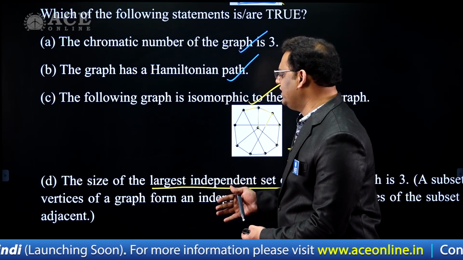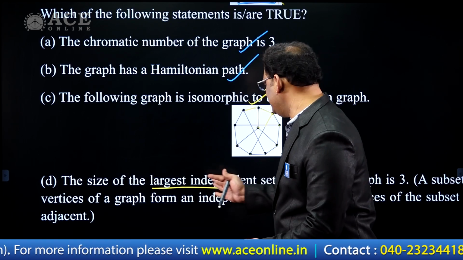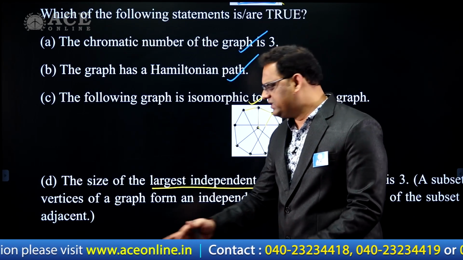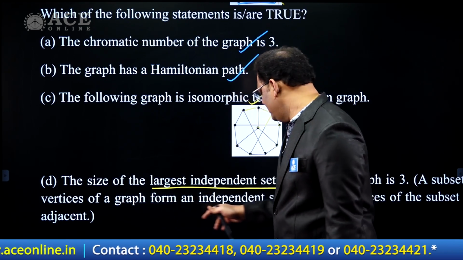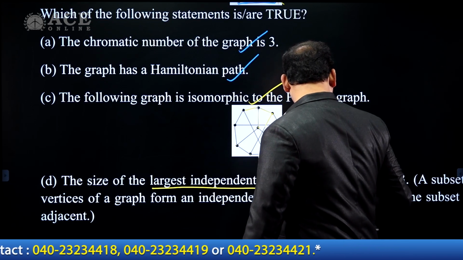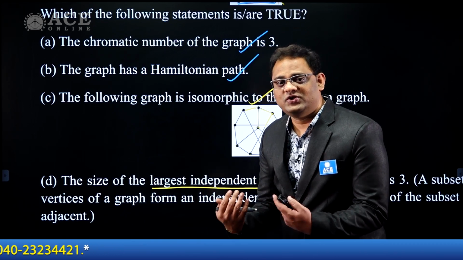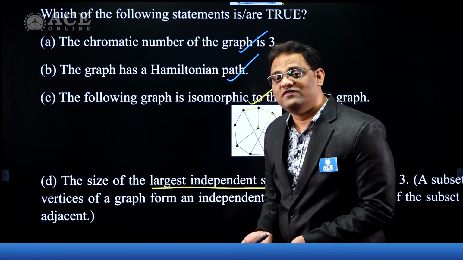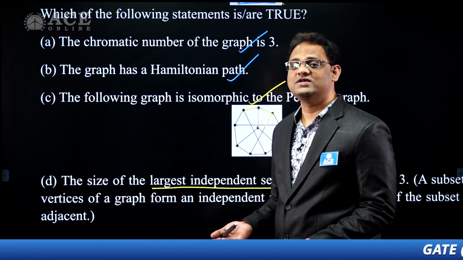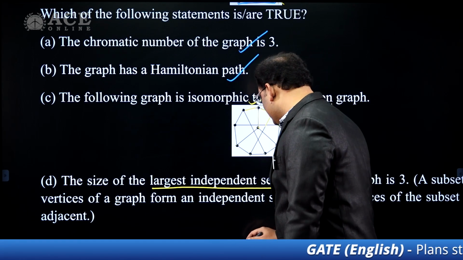So you need to take a set of vertices that are independent, with no two vertices forming an edge. That means you need to collect the vertices in such a way that they are not neighbors. So how many vertices can you collect?